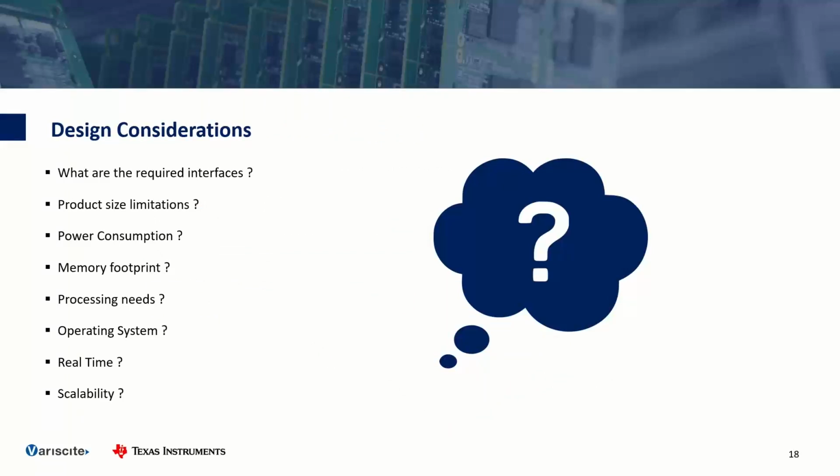Obviously, while designing the product, you need to consider some topics. First of all, which interfaces are required. You may want or not the display, you may want or not all the USB connectors that we provide, and this is part of the carrier design. Also, the size limitation.